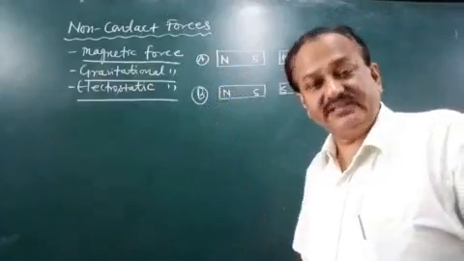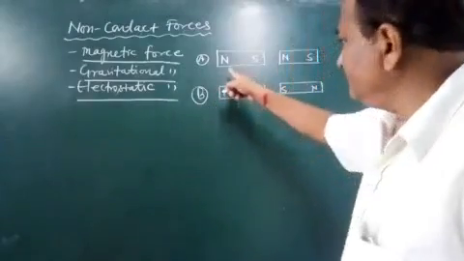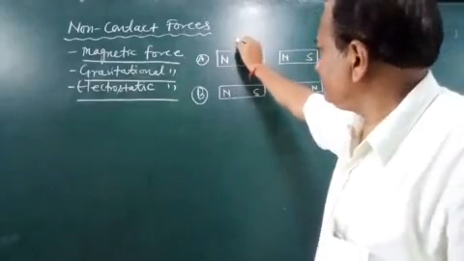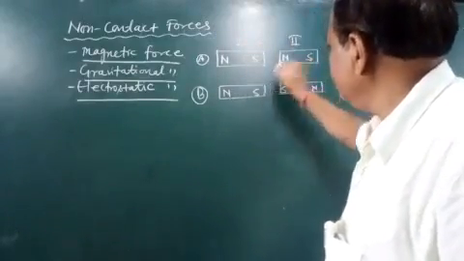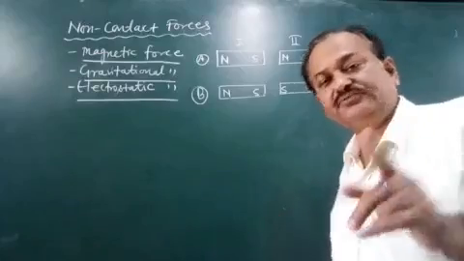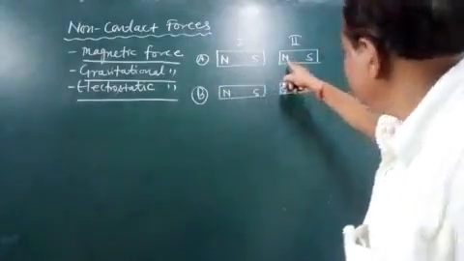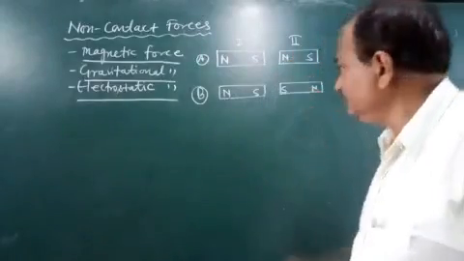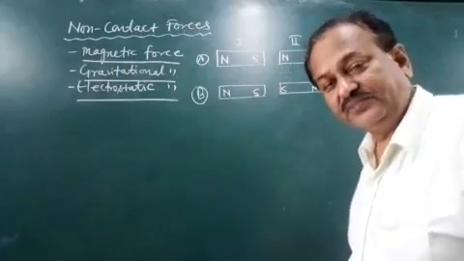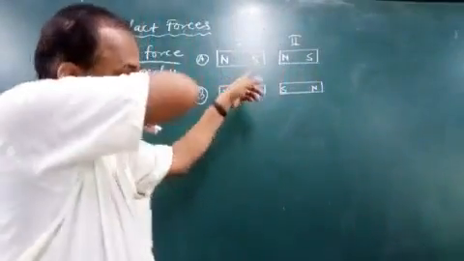I have drawn two conditions, two arrangements of magnets. See, in arrangement A, this is the first magnet, this is the second magnet. Magnets have a north pole and a south pole. So north pole, south pole first. Here in the second magnet, the south and north poles of the two magnets are facing each other, opposite poles.